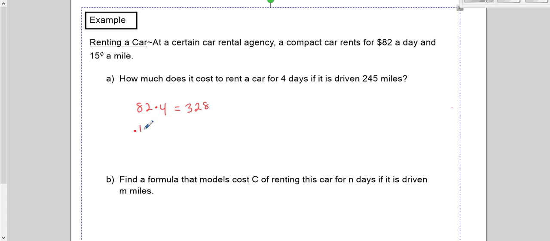That's got to be a decimal, just like you would see it written in money terms. 15 cents per mile times the 245. When we multiply that, we get 36.75. So our total cost is going to be adding these two things together. So when you add 328 plus the 36.75, you will get 364.75.